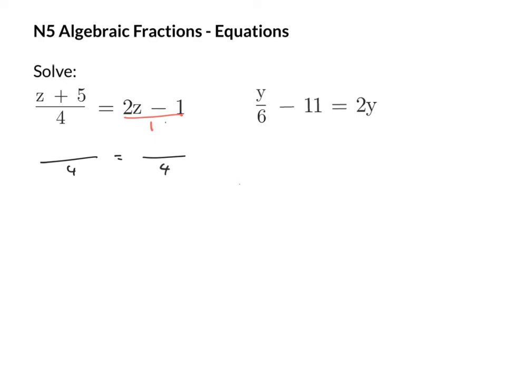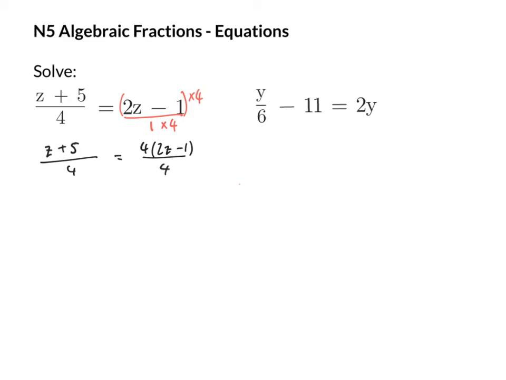To do that, I'd be multiplying the bottom of the right-hand side by 4, so I'd have to multiply the top of the right-hand side by 4. This would give me z plus 5 over 4 equals 4 lots of 2z minus 1 over 4.